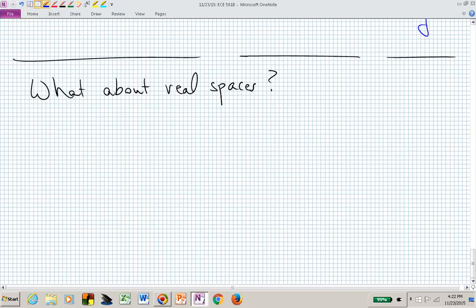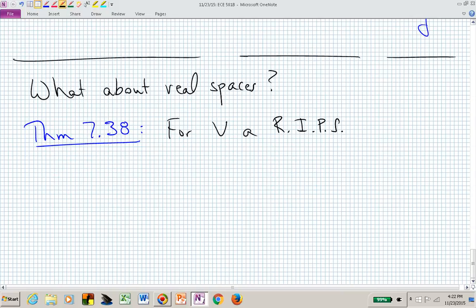Now we have another theorem for that. That's theorem 38. It says for a vector space V, which is a real inner product space, and S again a linear operator on that real inner product space, that operator S is an isometry.